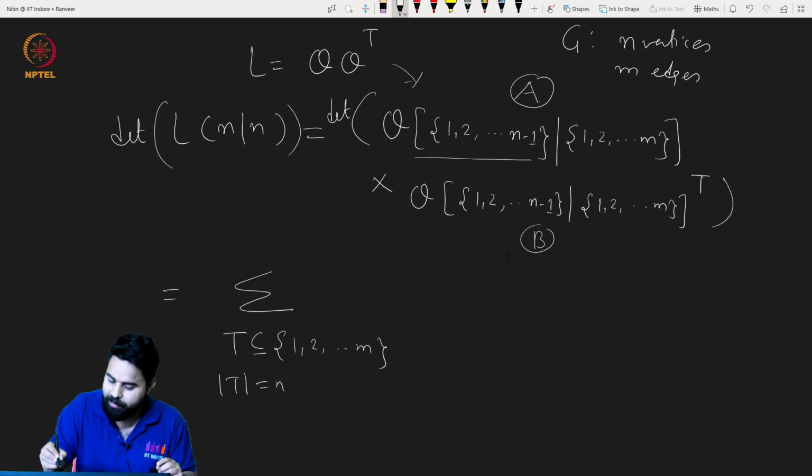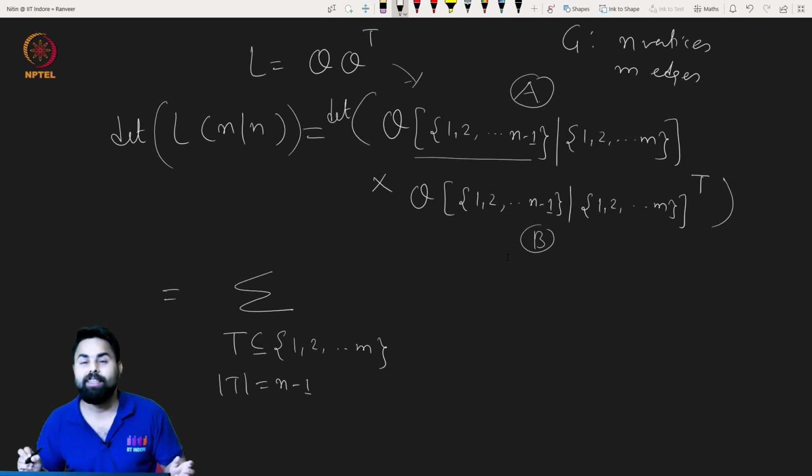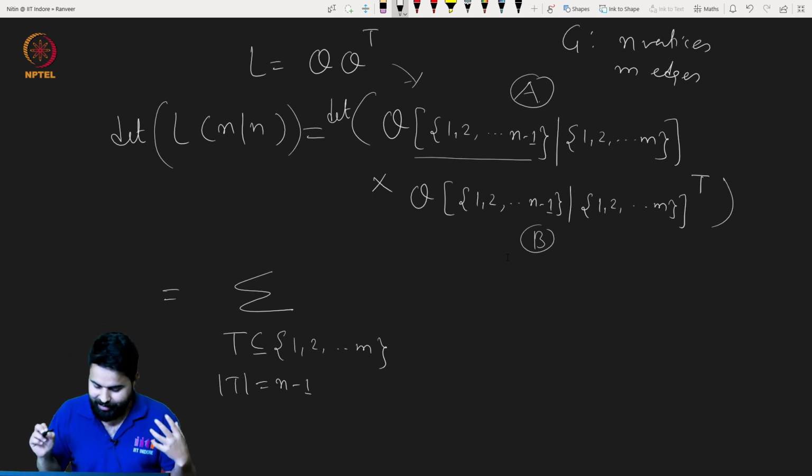From the Cauchy-Binet formula, because the trimmed Q has n minus 1 rows, this will be n minus 1.